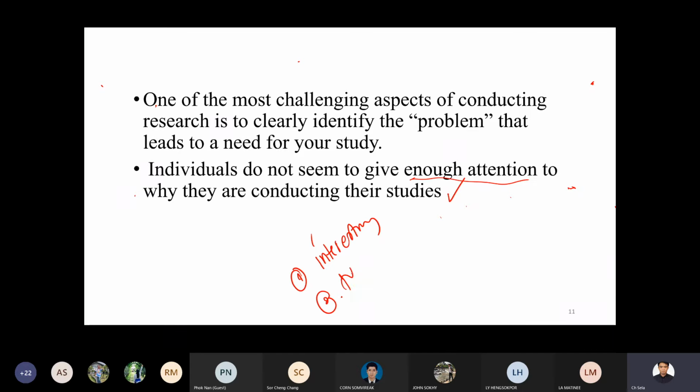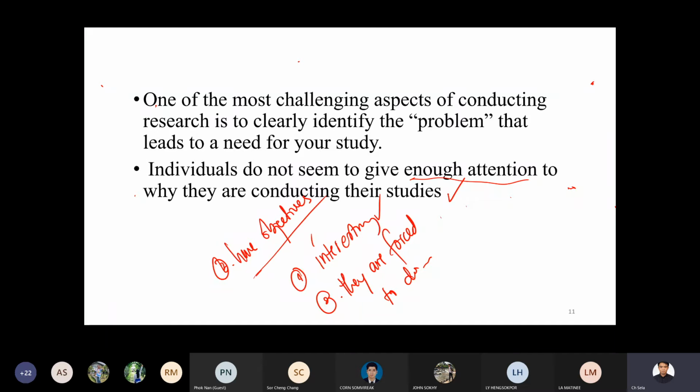Second, they think, I cannot write well, so they are forced to do the research. And number three, they have no objective.